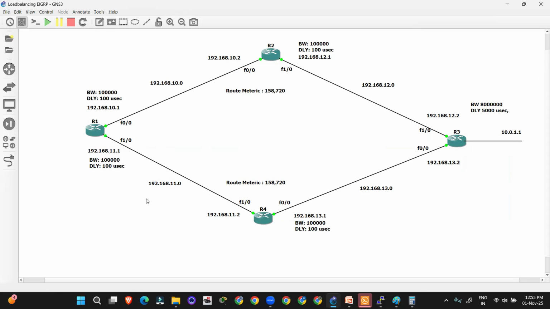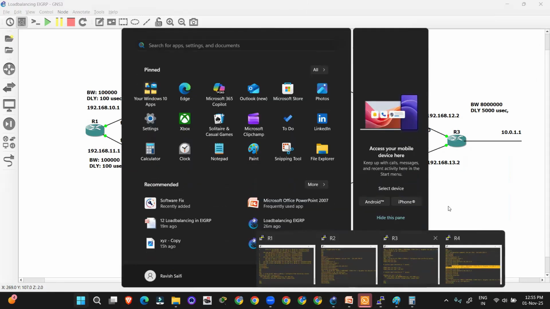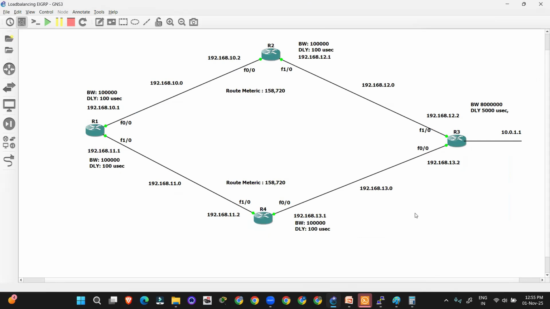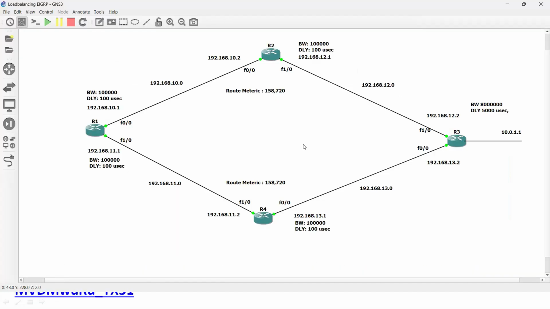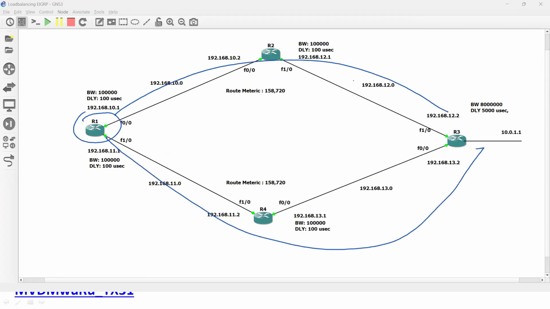The rule says that if two paths have the same route metric, that means both paths will be used as the best path. So according to this network, path number one and path number two have the same route metric.